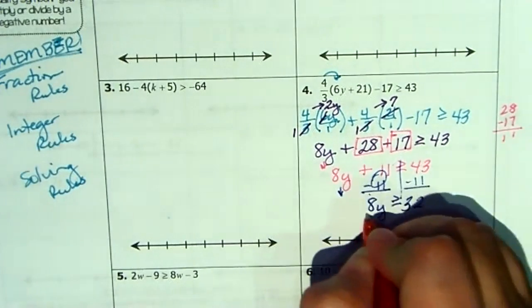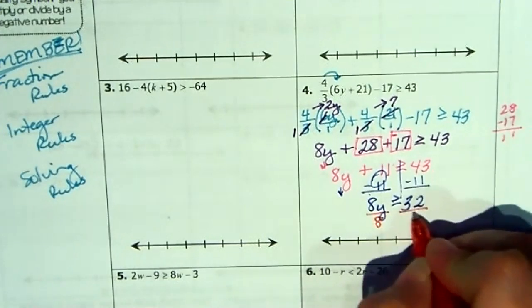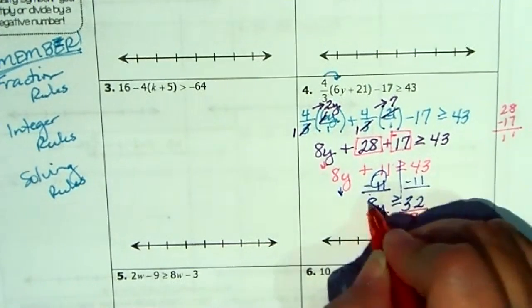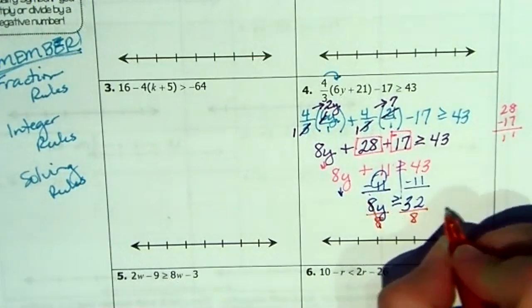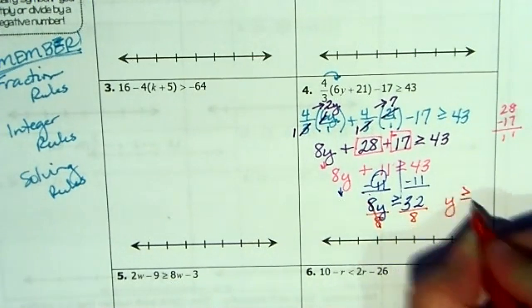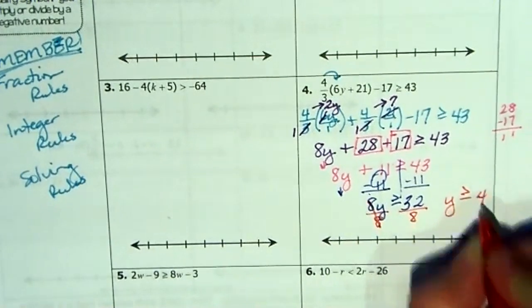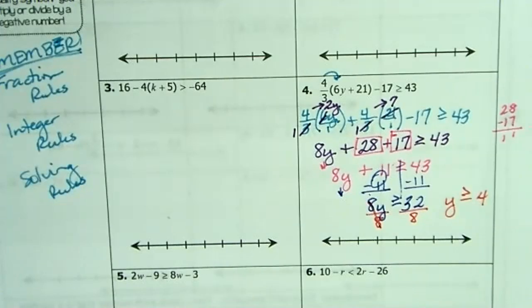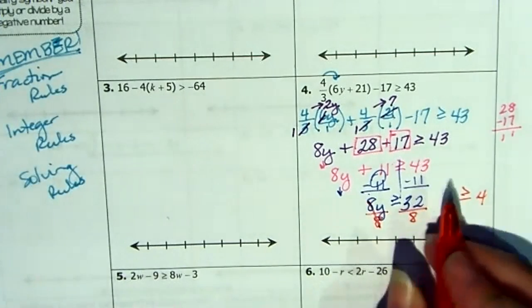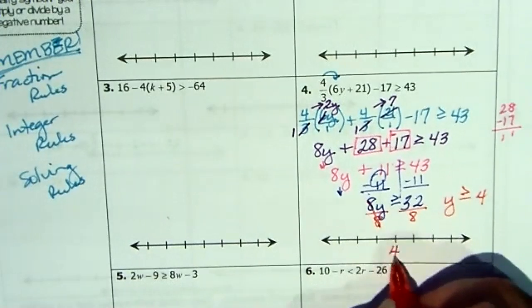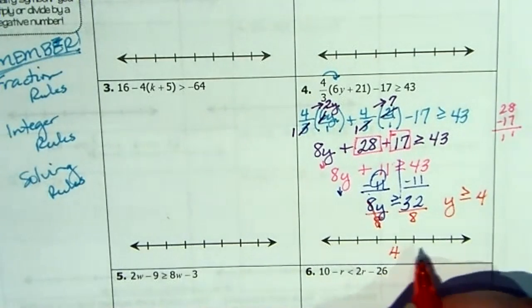And now I'm dividing by 8 to both sides. The 8's cancel to 1, and I end up with y is greater than or equal to 4. And now we graph, okay, by putting the 4 here, and we fill out the rest of the number line. So this is going to go 4.